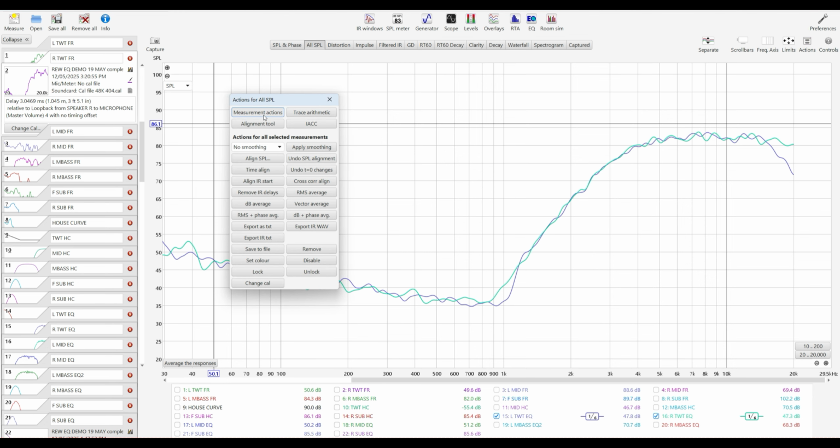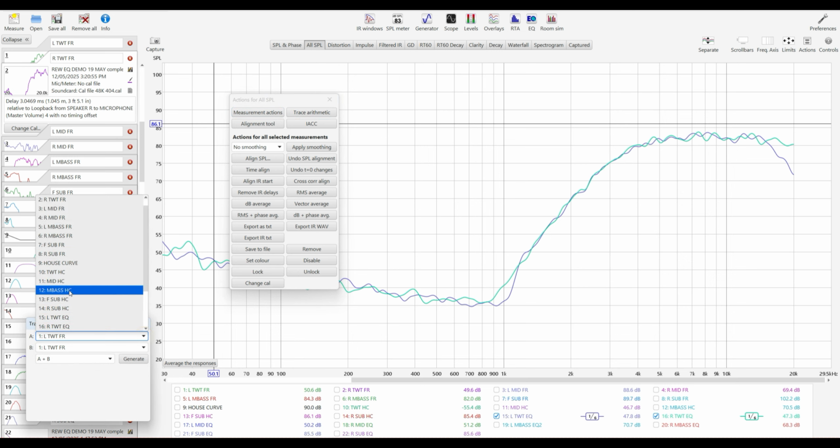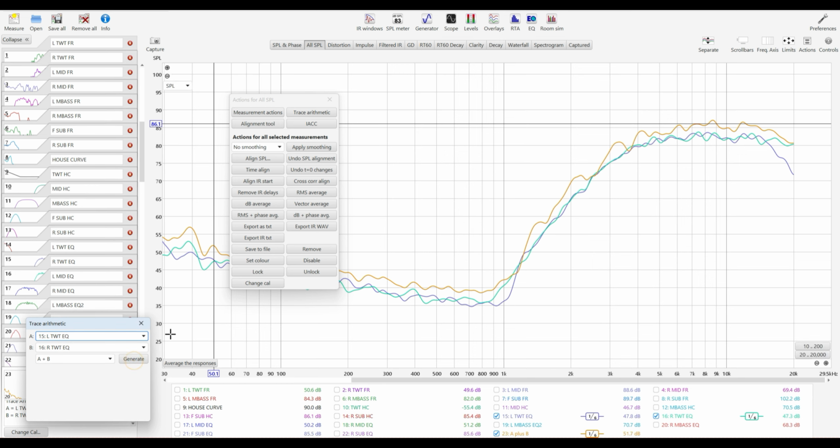When we measure those two playing, which is number 15 and number 16, we can see that the two speakers are in time because the sum of the two speakers here in orange has more volume than the individual measures, which means these two are playing together to create a summation.